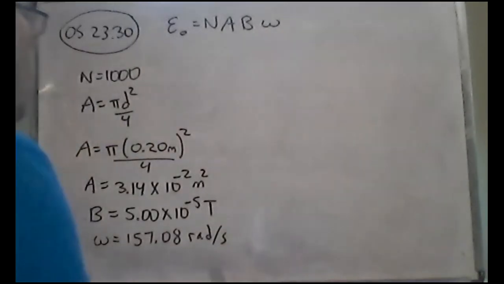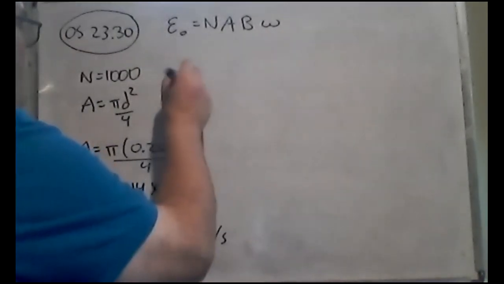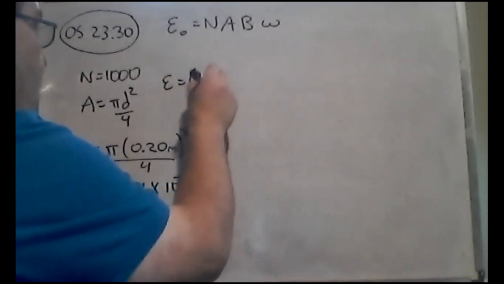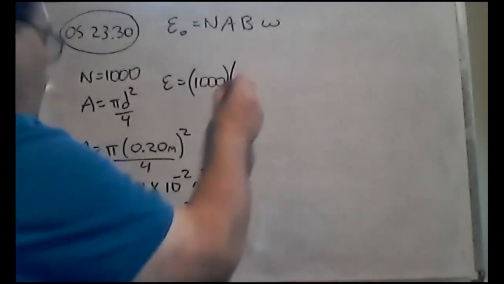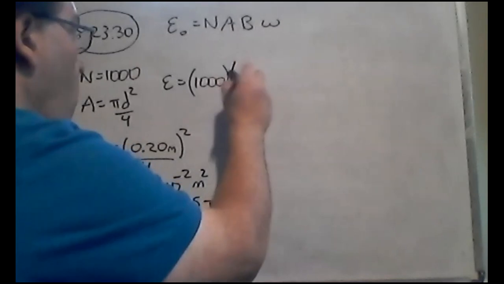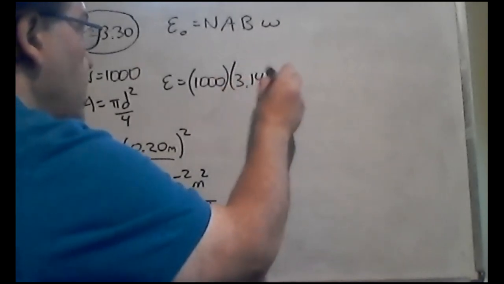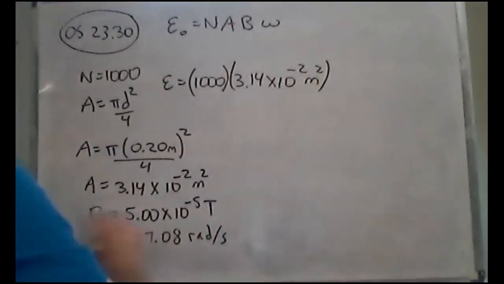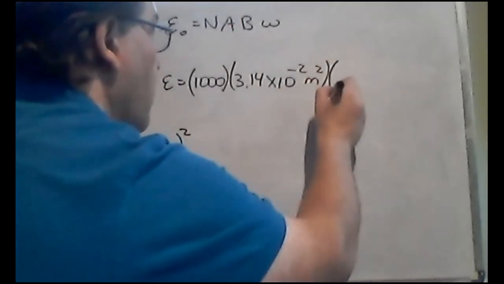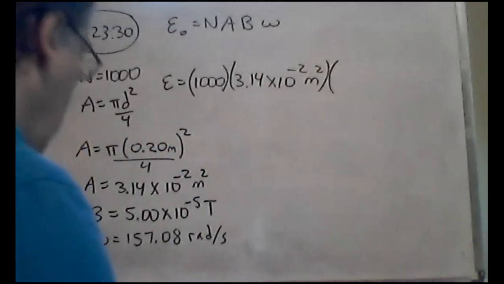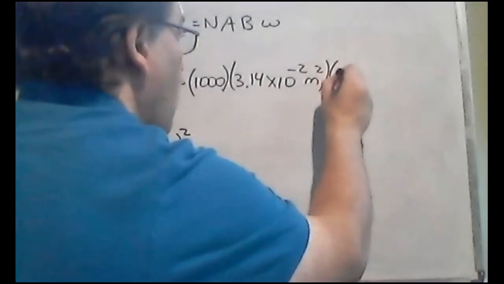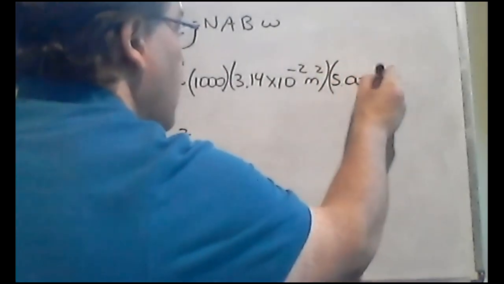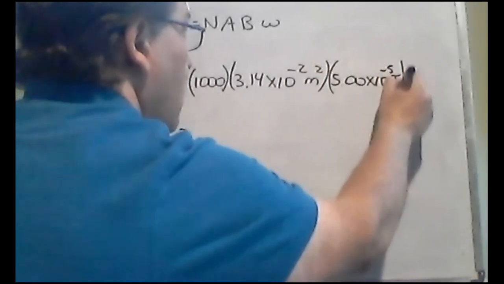Right? So to do that, epsilon naught is 1,000, that's my N. My A is 3.14 times 10 to the -2 meters squared. B, that's the magnetic field of the Earth, 5.00 times 10 to the -5 Tesla.